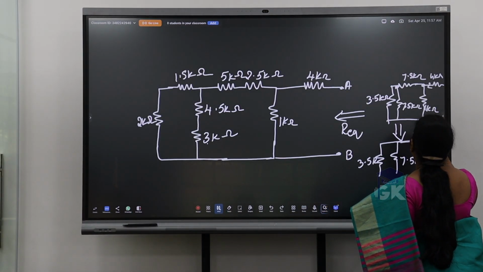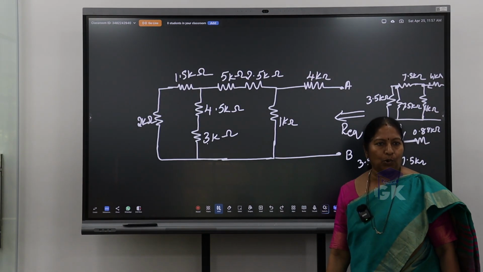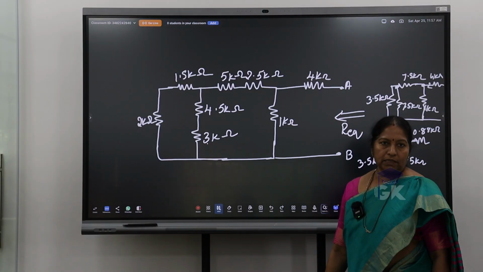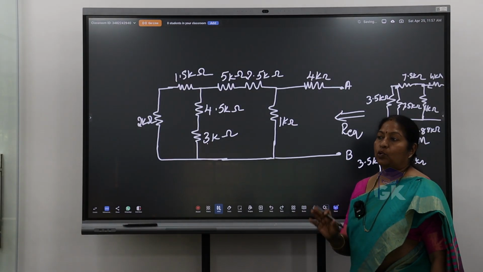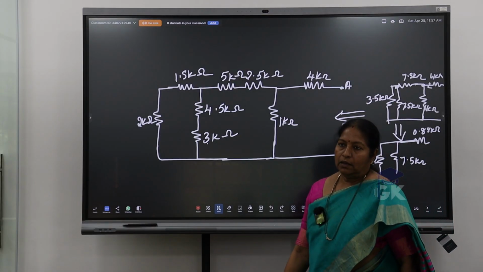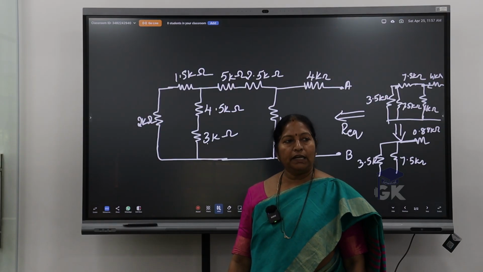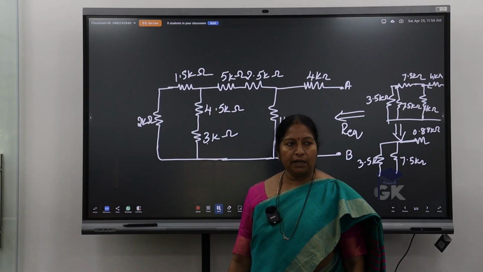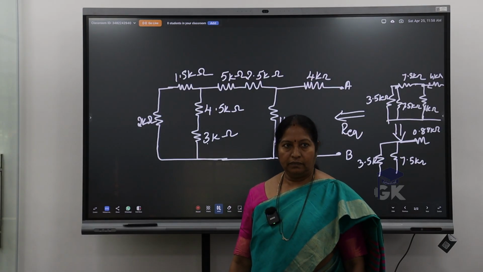And one more thing you need to observe here. When we connect a very high resistance and a low resistance in parallel, the total equivalent value is always lower than the low resistance. For two parallel resistors only, you can check it. 1K and 100K, if I connect in parallel, 1 into 100 divided by 1 plus 100, 100 divided by 101, it is less than 1. Correct?